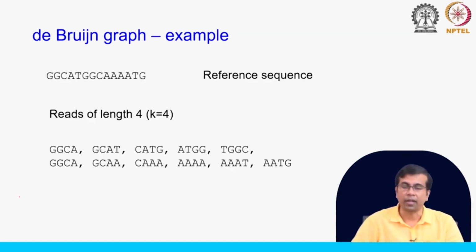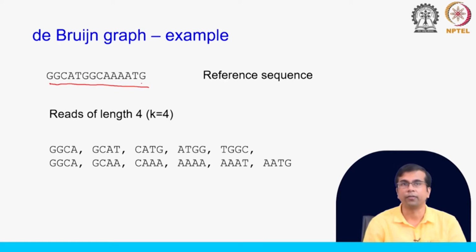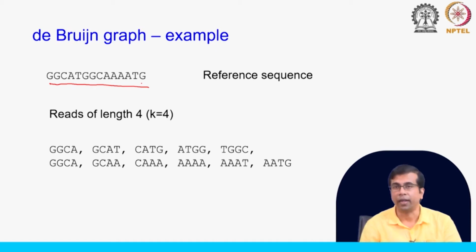Let us start with the same example that we worked with in the last class. Here is the reference sequence on top. You can see it is the same reference sequence that we talked about in the last class. Then we have reads of length 4, so here k equals 4, and I have written down all these 4-mers for this reference sequence.